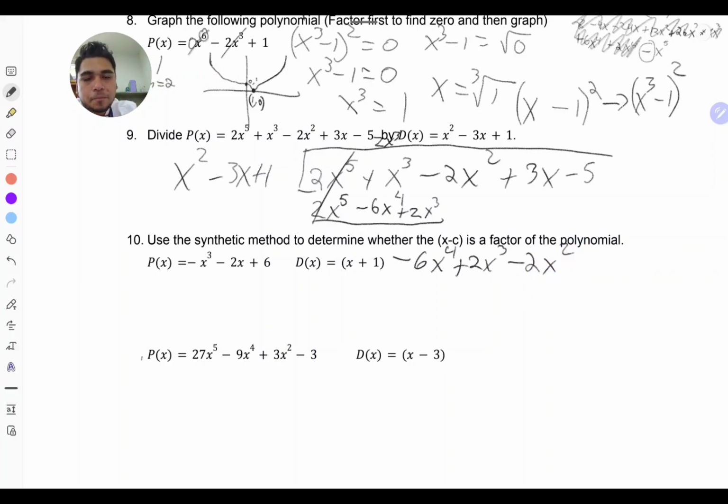Okay, once you get this, now what do you need to do? Well, negative 6x to the 4th. So looks like if we just do plus, 0 minus negative 6 is just 6. So that's positive. That's a mistake.